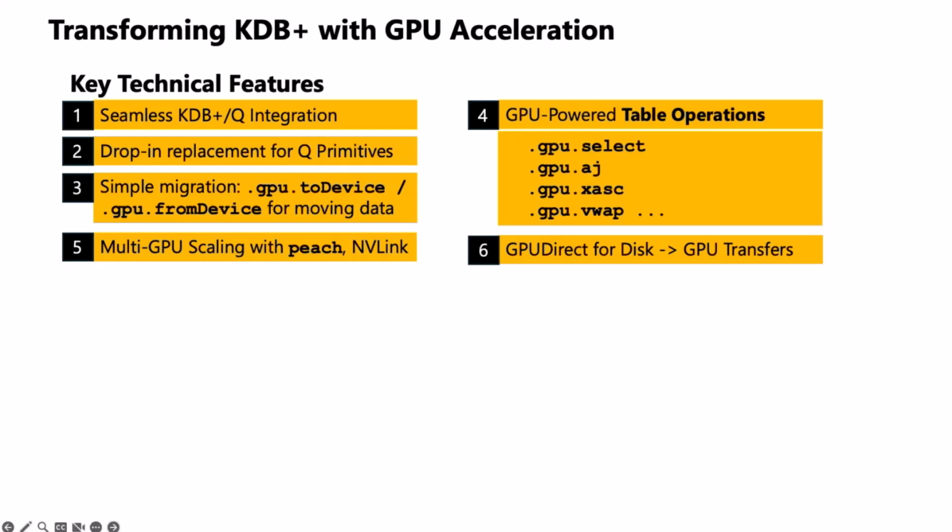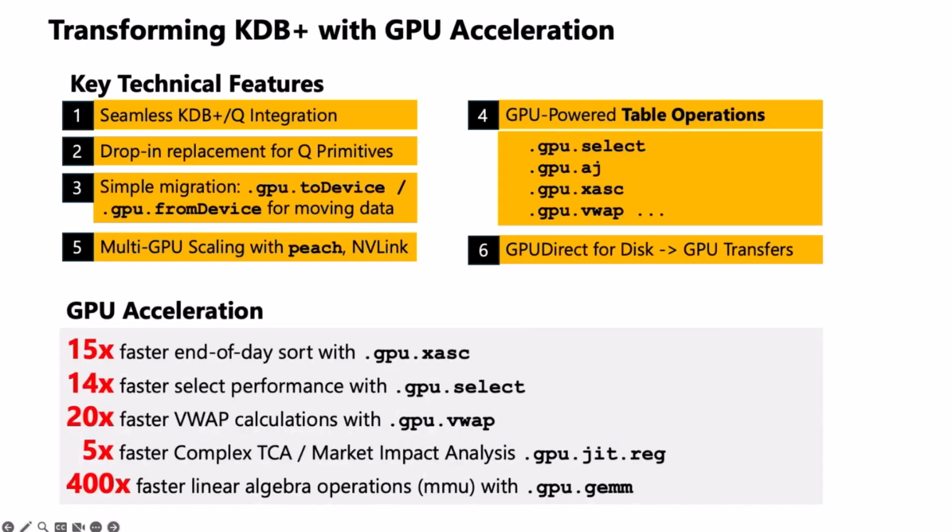Our GPU is already parallelized, but the idea here is, can we parallelize across multiple GPU cards? And can we do that again seamlessly using peach? So that's multi-GPU scaling. And finally, there's GPUDirect for disk-to-GPU transfers. That bypasses some of the latency that's inherent if you don't have tools such as GPUDirect.